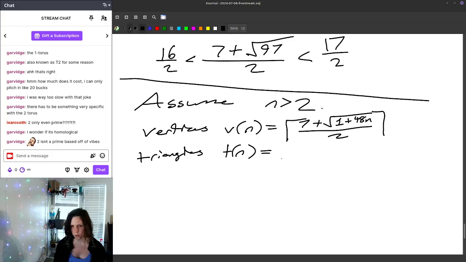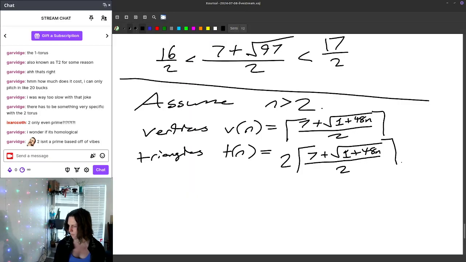And that's going to be apparently 2 times, let me make sure I have my parentheses correct. It's that. And there's an exception for the 2 case there as well. So it's going to be 2 times the ceiling of the same quantity, which I am curious where it comes from, and then plus 4 times (n minus 1).